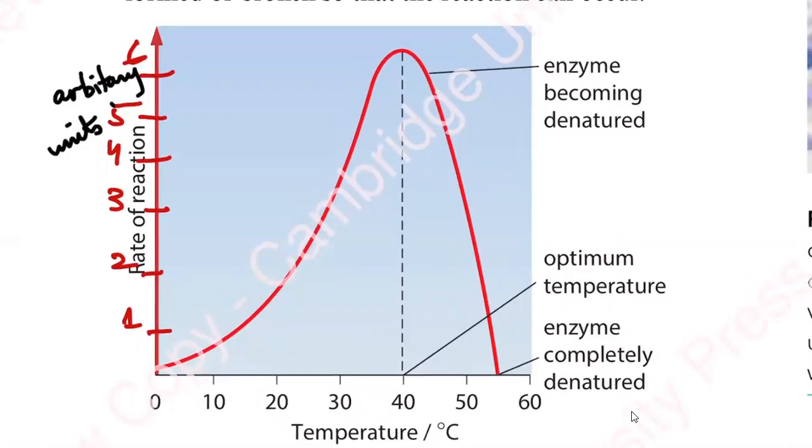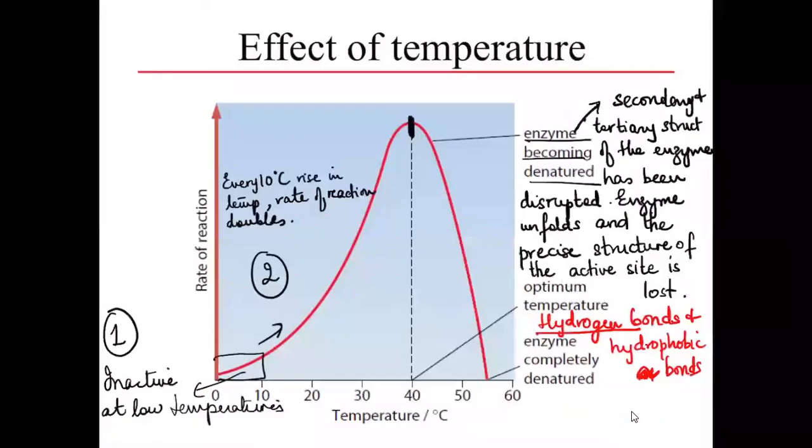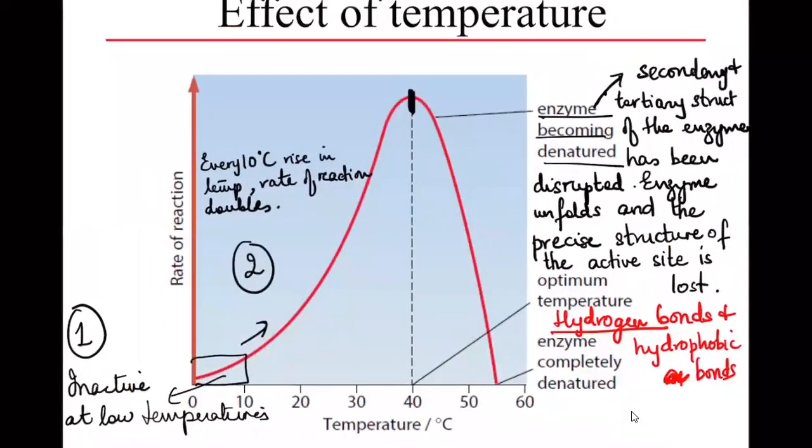If I'm asked to explain the graph, then I will explain it like this. I have a graph over here. This is how I explain the graph. For example, this part, number 1.